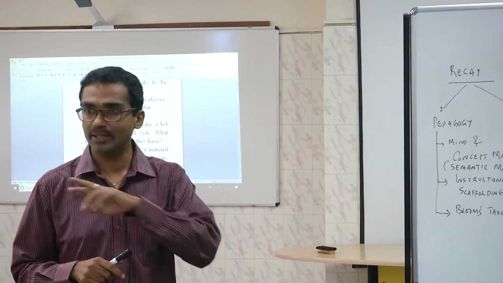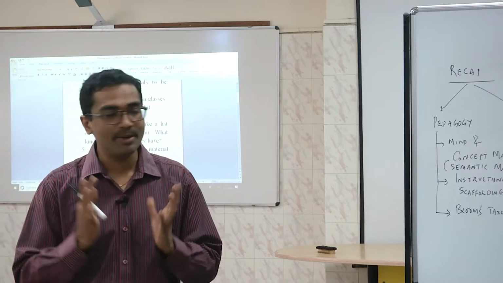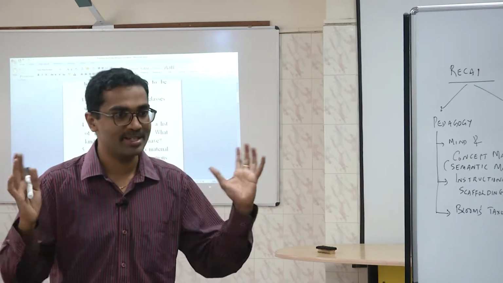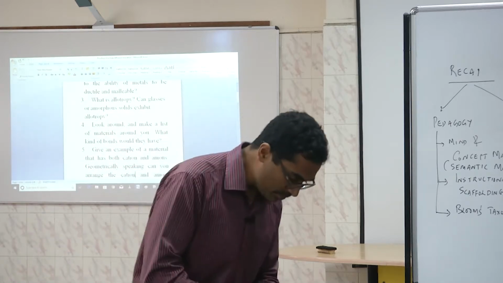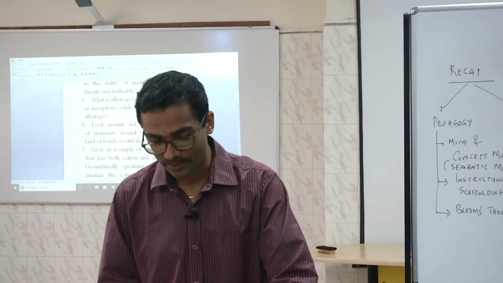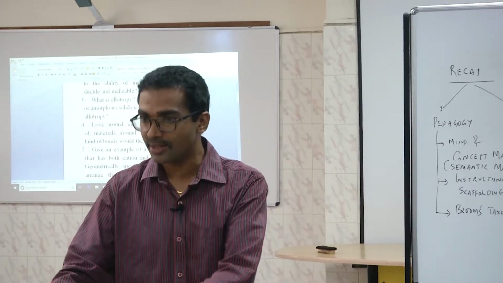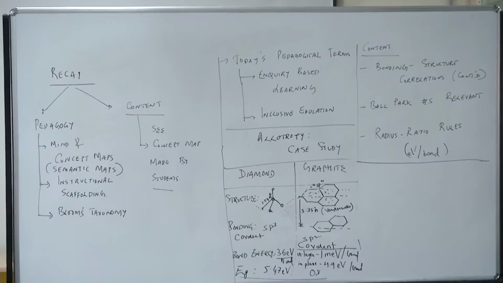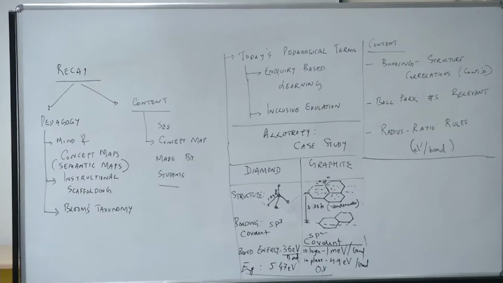So at least 4 materials around you, so that you become a little aware of your environment, and the fact that materials are all pervasive, they exist all around you. You could look down at the tile, or describe the materials that make up this chair, this table, anything. So 2 to 4 materials.